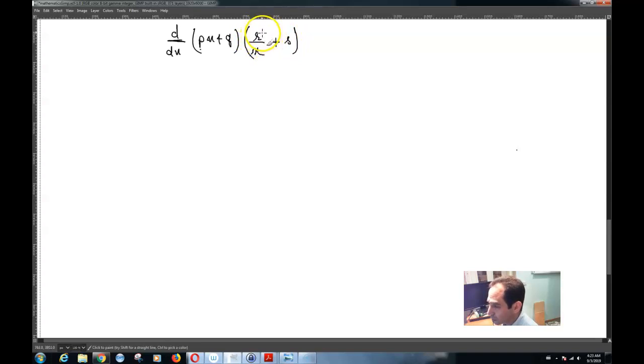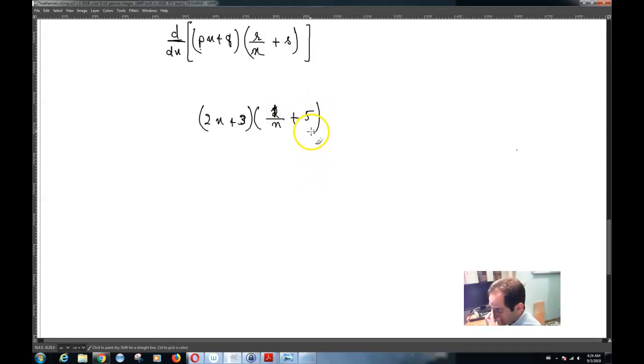So d by dx of (px plus q) times (r over x plus s) is something like, for example, (2x plus 3) times (2 over x plus 5). Just take this as, for example, 1 over x plus 5.